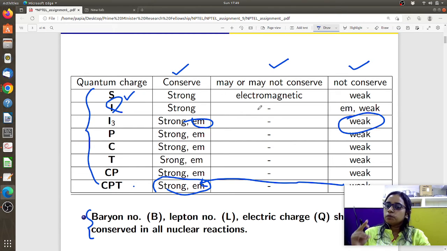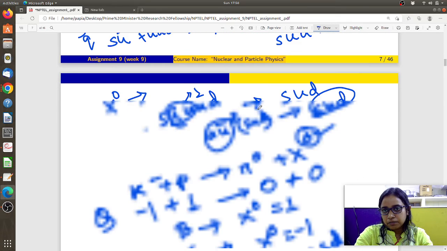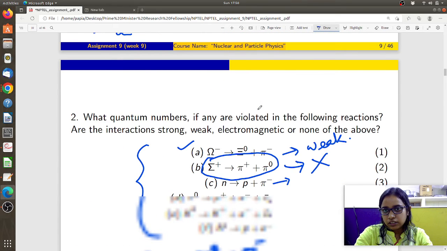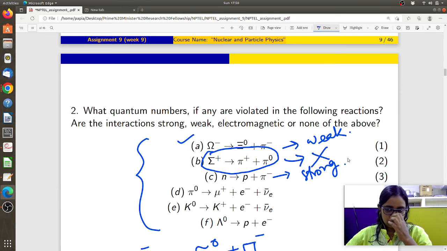So it should be a strong interaction. It can't be an electromagnetic or weak interaction. So as I is conserved here, this is a strong interaction. Is it understandable?